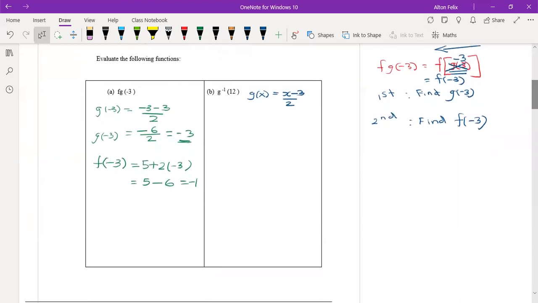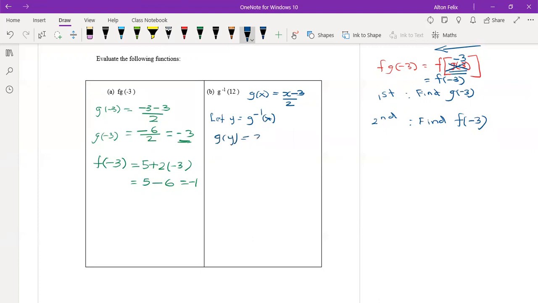So when you're asked to find the inverse of a function, the first thing you do is you let y equal the inverse function, and this statement always translates to mean g of y is equal to x. So g of y means that where you see x in the function, you replace it by y. So in this case, g of y will be y -3 divided by 2, and this is equal to x.